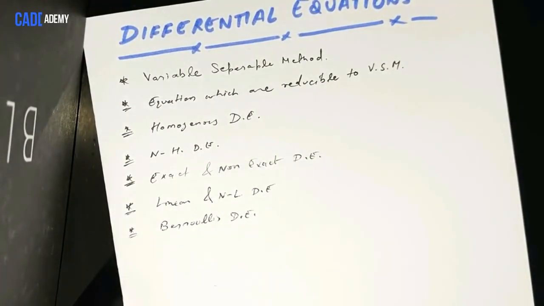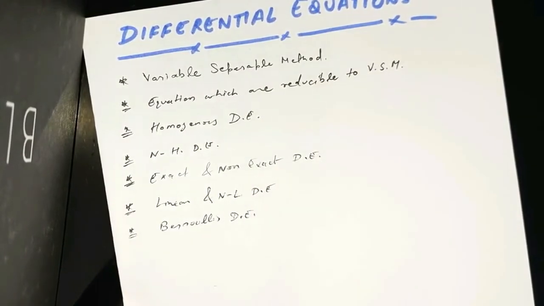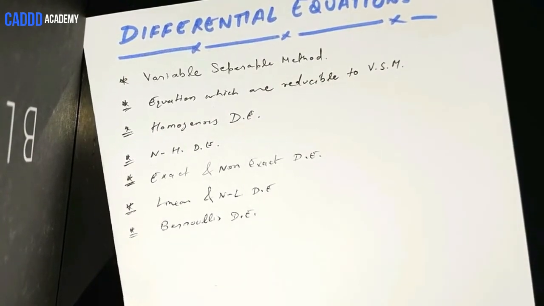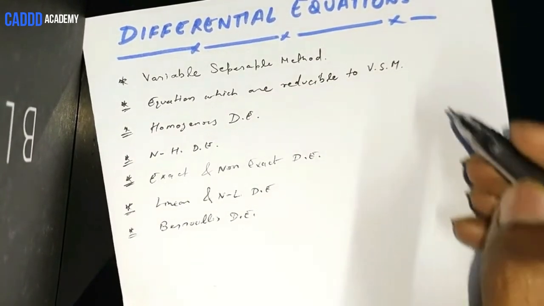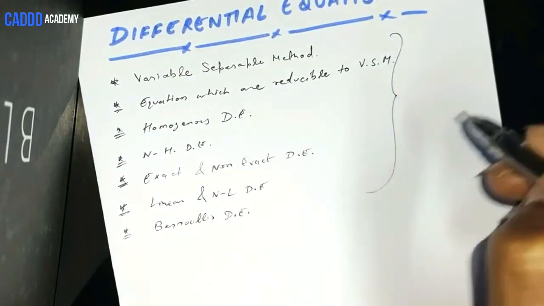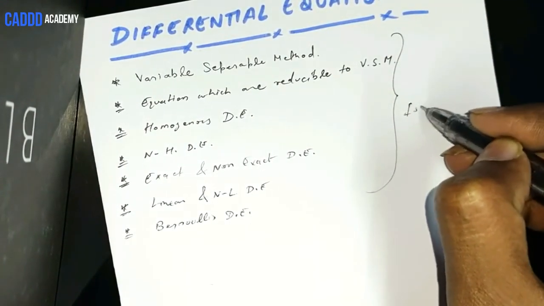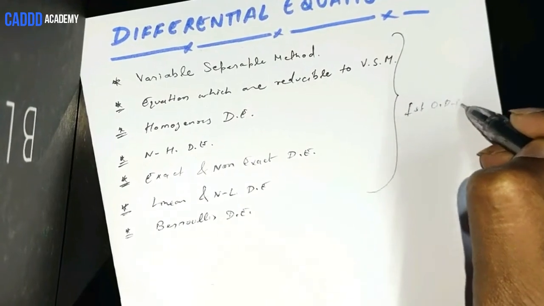Up to graduate or say postgraduate level we have only these types of differential equations, so we're going to cover these equations only, okay? So after that we will do second order differential equations also. These are what? First order differential equations.